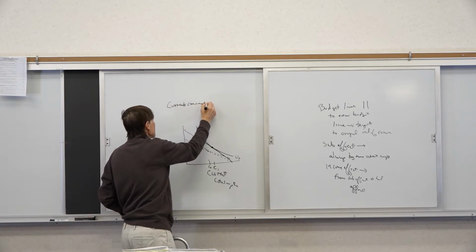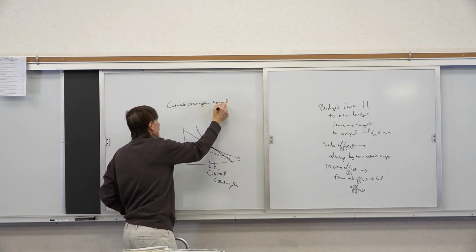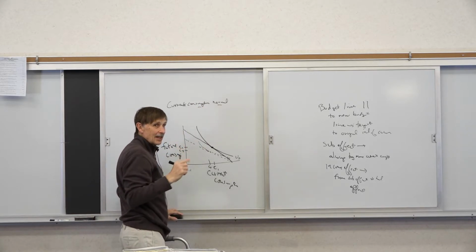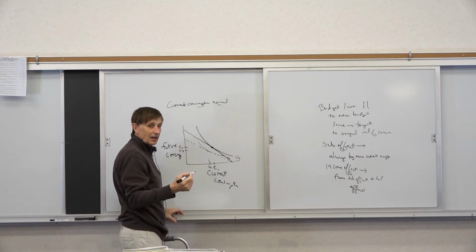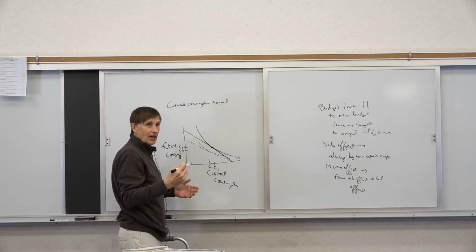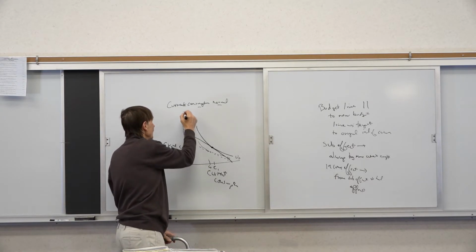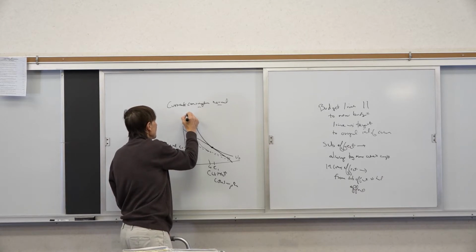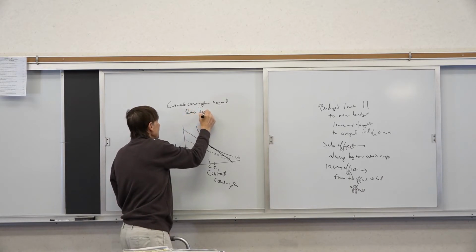If current consumption is normal, then I've got less income, so I'll have less current consumption.